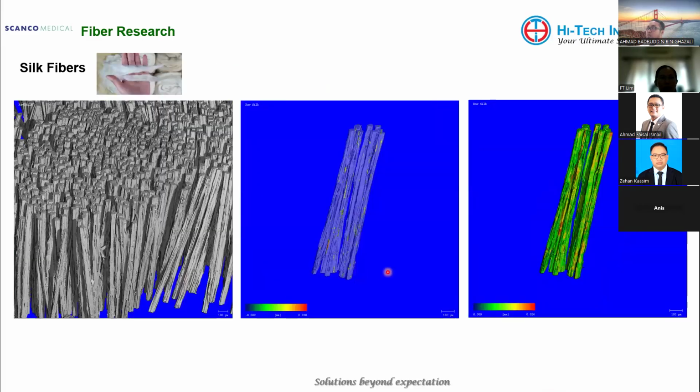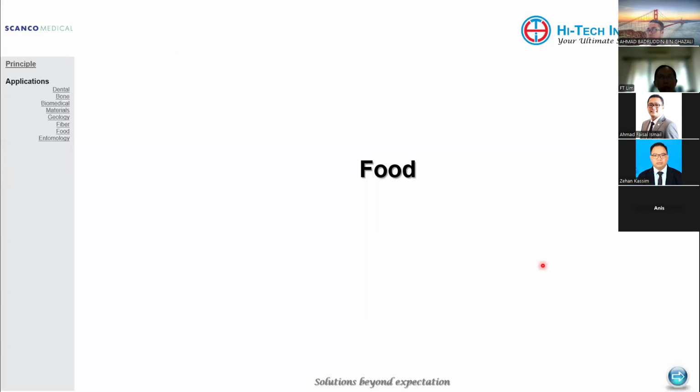And this is the single silk fiber. So this is a fiber. And we can even look at whether there is any pore within one single strand of this fiber. And of course, we can also look at the overall thickness of this fiber. And there are also people looking at food.